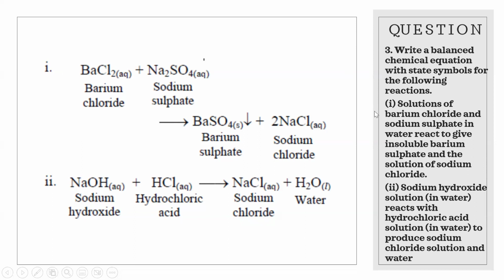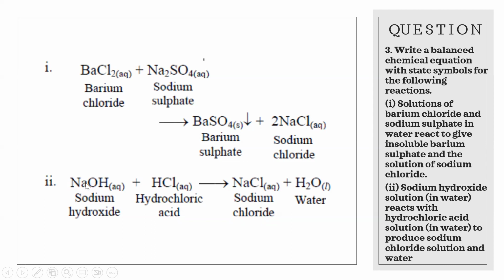It will give barium sulfate, which is in solid state, and sodium chloride. Solid state means it is getting precipitated. Precipitate means we have to give a downward arrow. If gas is getting liberated, we have to give an upward arrow. This is the balanced chemical reaction with the physical states.